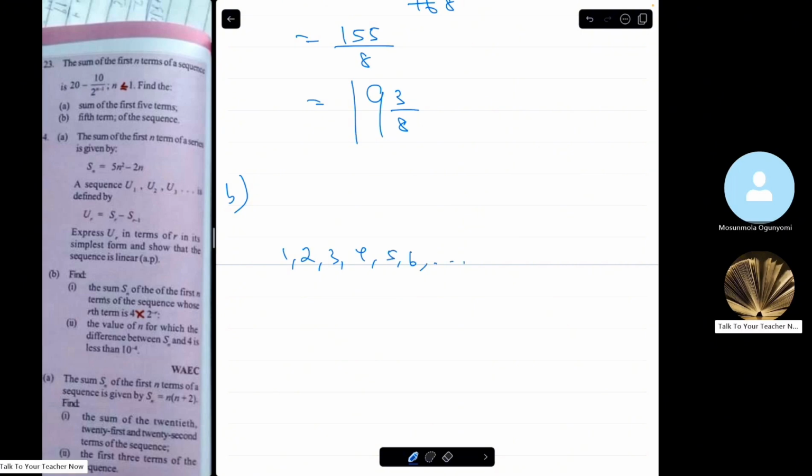Yes, sir. You would see that the sum of the first 3 terms minus the sum of the first 2 terms is going to give you the third term. What is the sum of the first 3 terms? 1 plus 2 plus 3, 6.